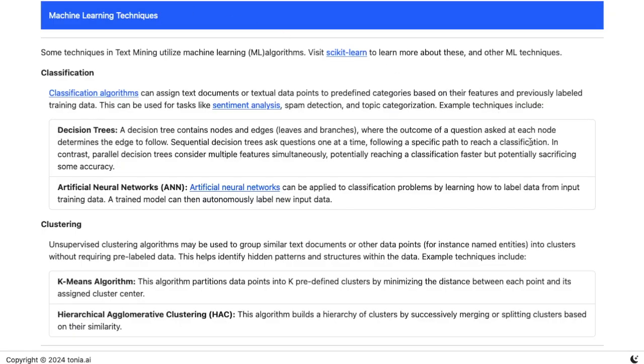And to just view a couple examples of how we might utilize machine learning for our task, classification algorithms can assign text documents or textual data points to predefined categories based on their features and previously labeled training data. This can be used for tasks like sentiment analysis, spam detection, topic categorization, using example techniques like decision trees.